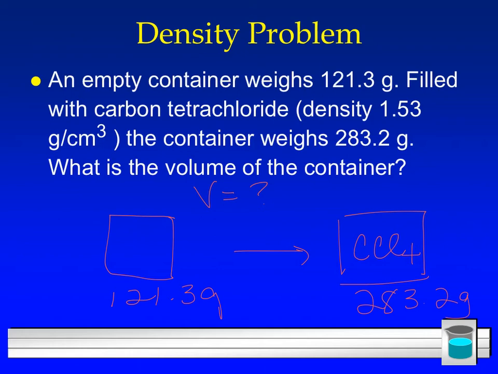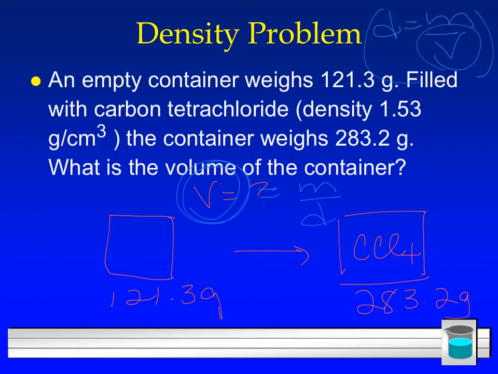Well, the first thing I would tell myself is we're solving for volume, so I need to rearrange my density equation to solve for volume. When you rearrange this algebraically, you get volume is mass divided by density. So, do we have the mass of the carbon tetrachloride?